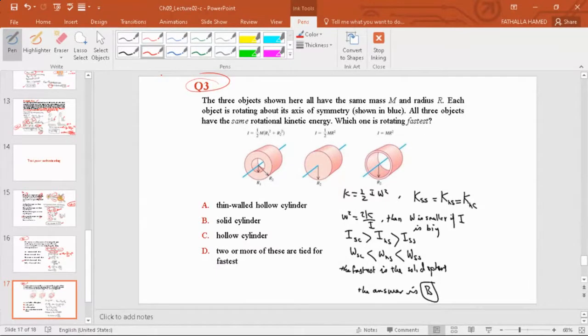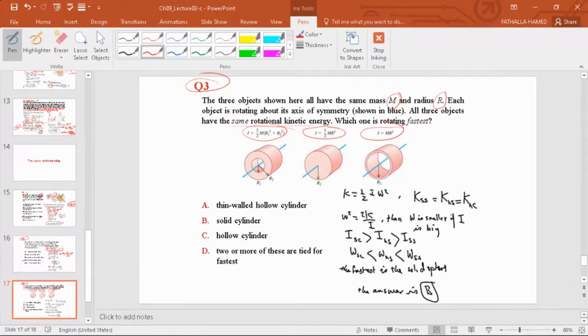You have 3 cylinders, and for these cases, you can look at the moment of inertia for each one of them. They want M and R to stay the same, and they want the same kinetic energy.